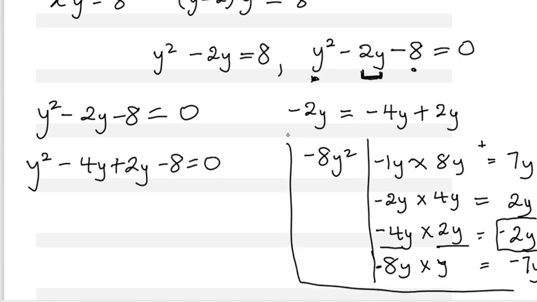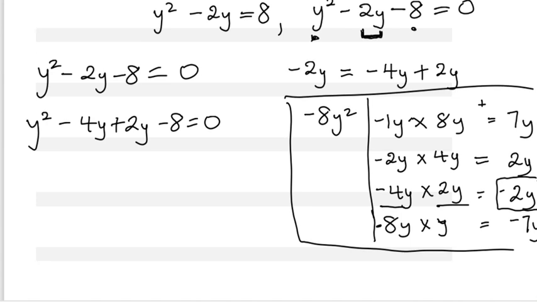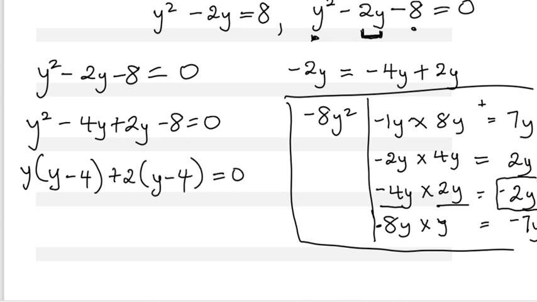And if we do this, we can factor out y here. This will be y minus 4, and here we can factor out 2, into y minus 4, and this equals 0. And by factorization, this is y minus 4 times y plus 2, and this equals 0.